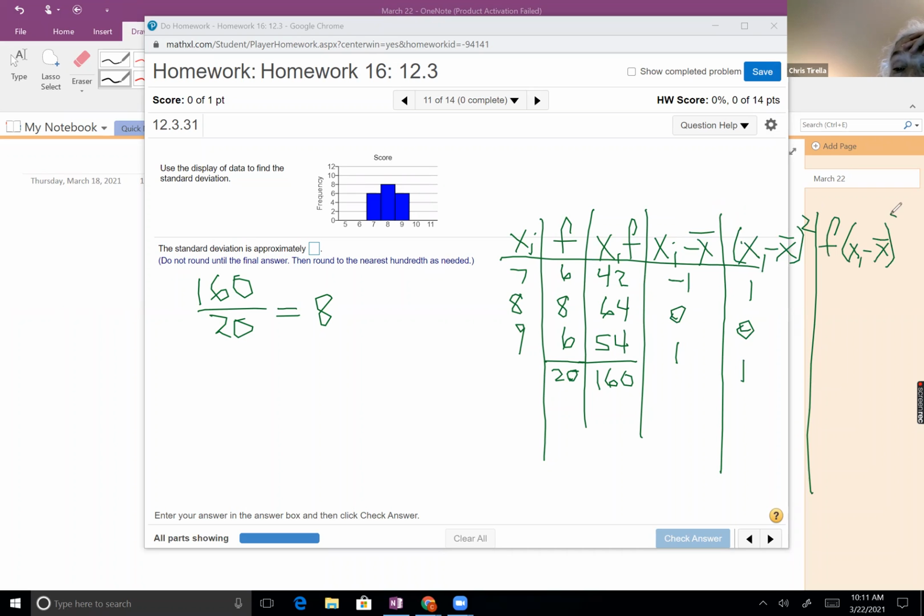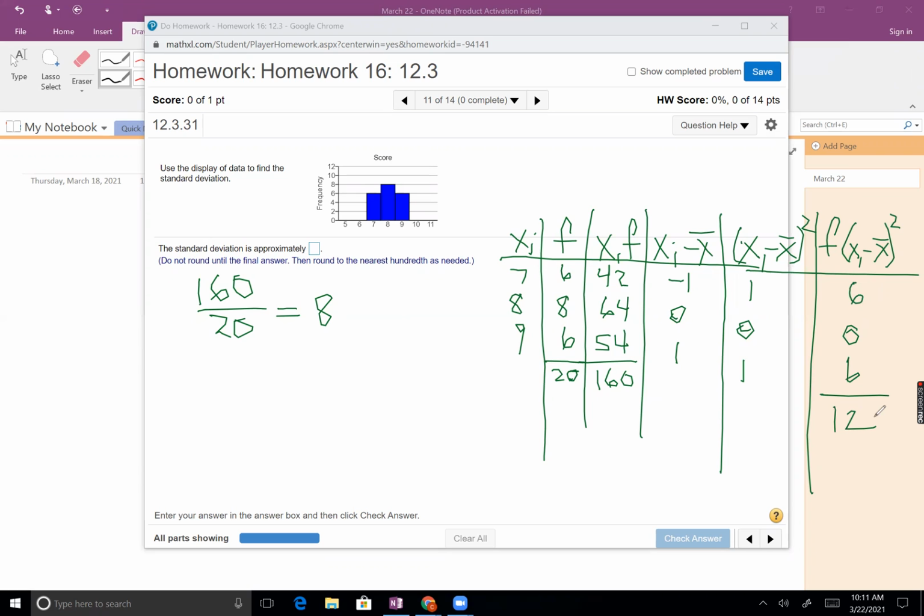Any column that we normally add, we have to multiply by the frequency before we add it. So that'll give me 6, 0, 6, 12. So you can do it with a shorter table like that if you have frequency. But usually when I start making that second table with the frequency, people find it easier to just make the long drawn out table, but it is a matter of preference.